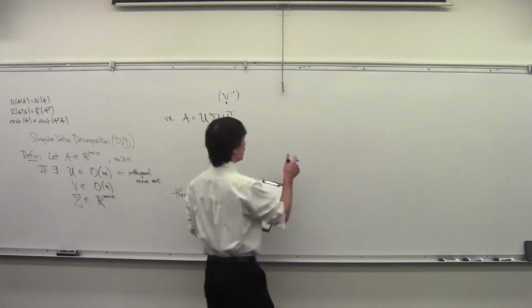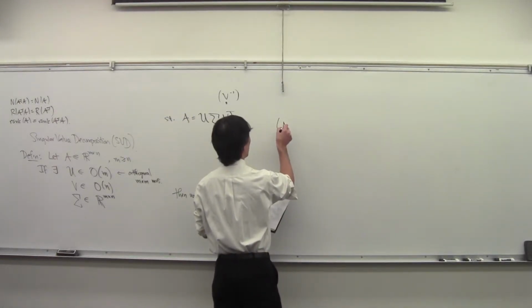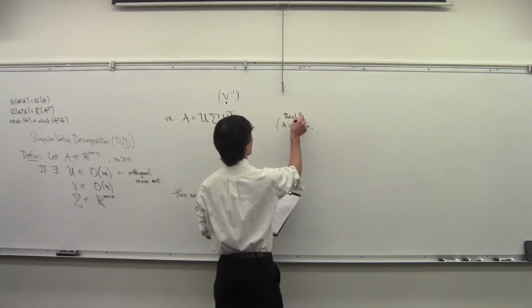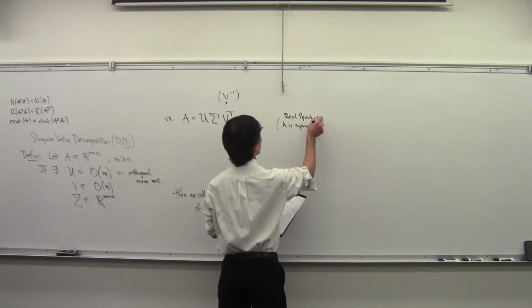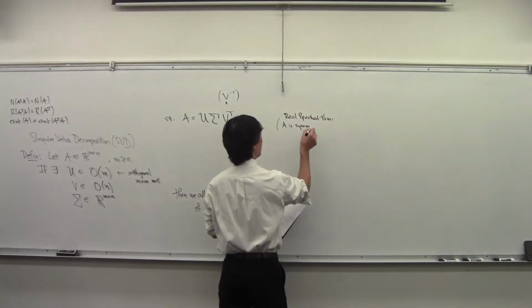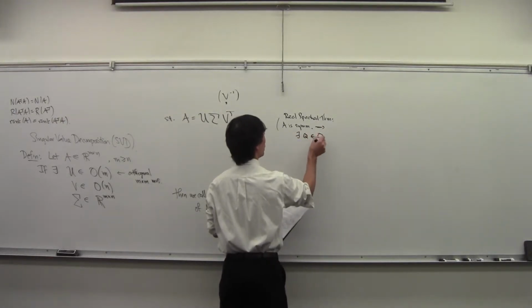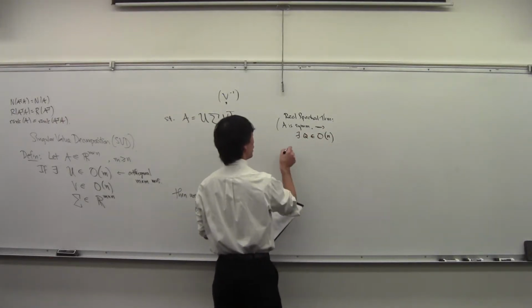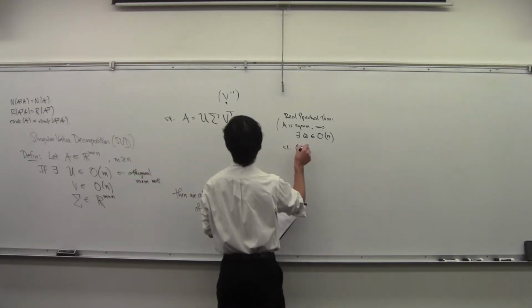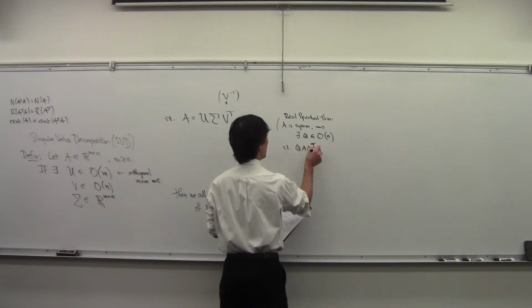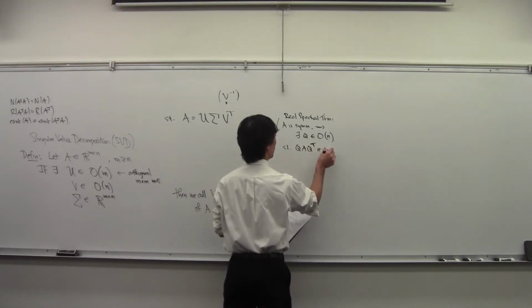The real spectral theorem says that if A is symmetric, then there exists an orthogonal Q such that Q A Q inverse, or Q A Q^T, is diagonal.